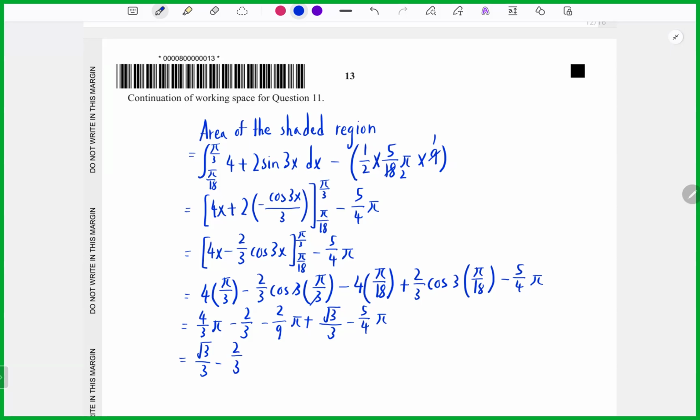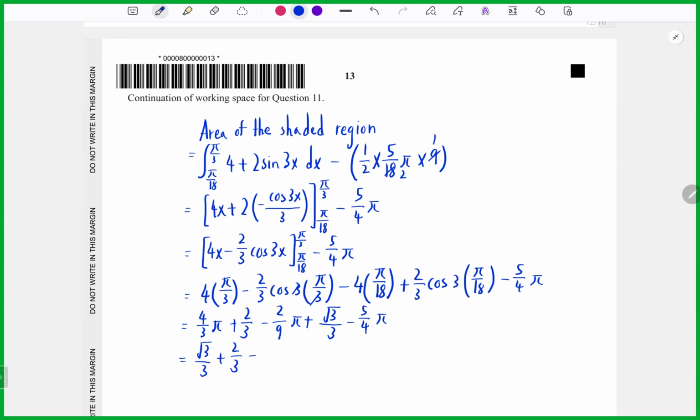Okay, negative 2 over 3 cos, or just positive, positive 2 over 3.